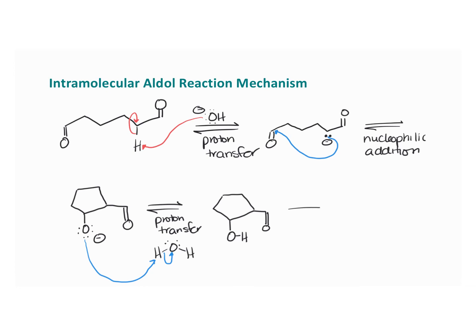Now, it's still pretty basic. So what we have happening here is this OH is going to come in and it's going to steal that hydrogen through a proton transfer, right? And those electrons are going to go right there on that carbon.